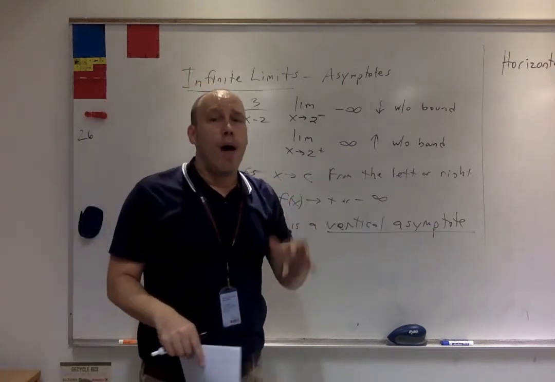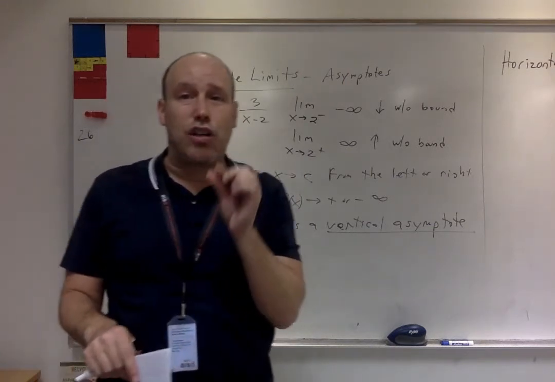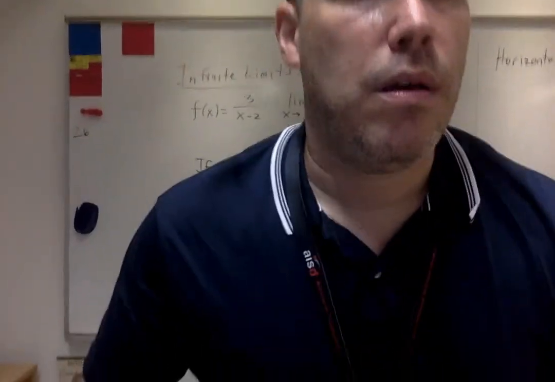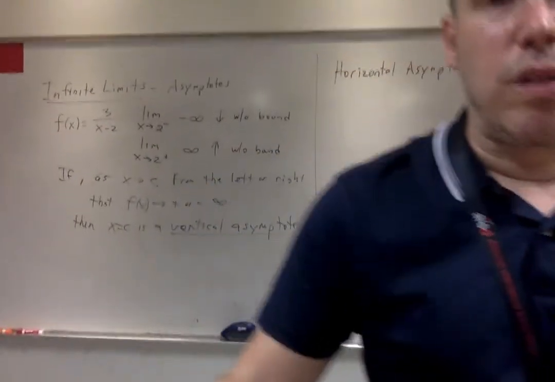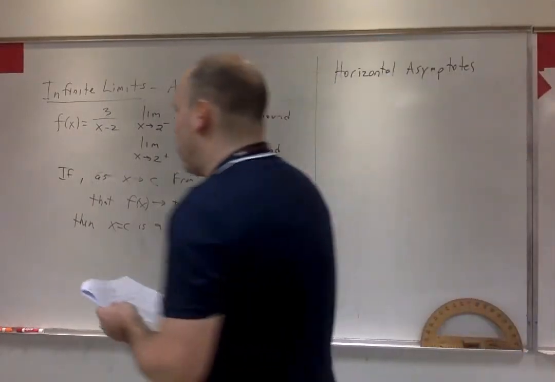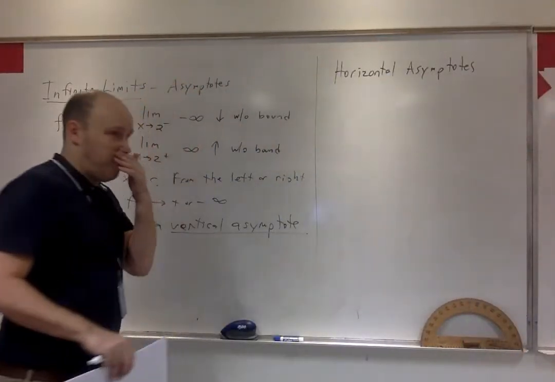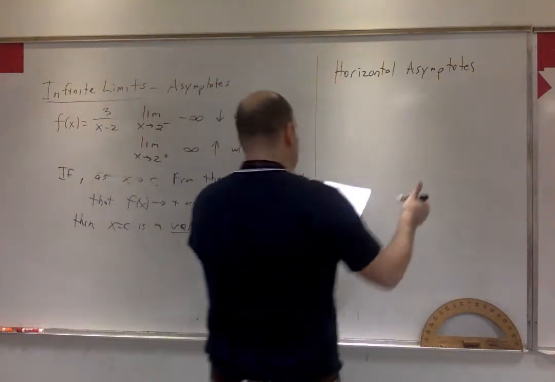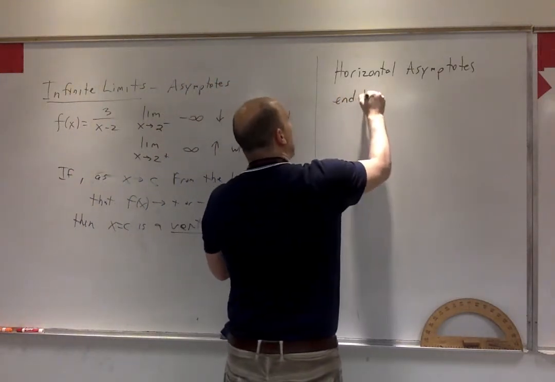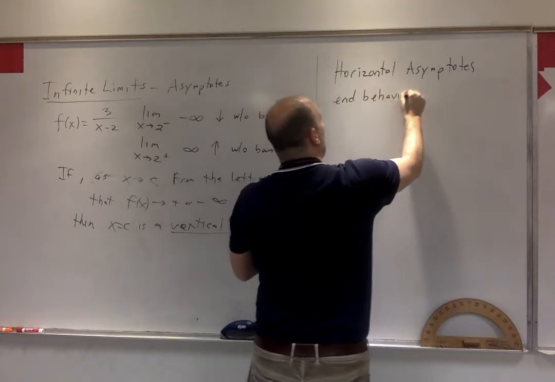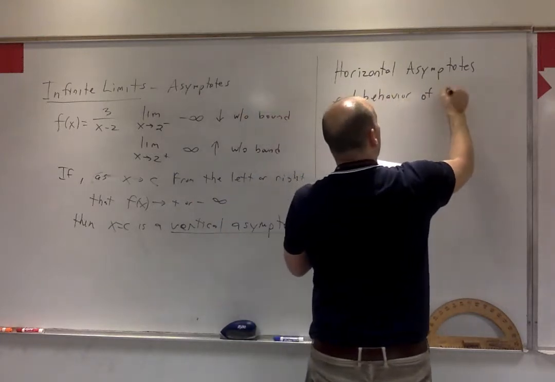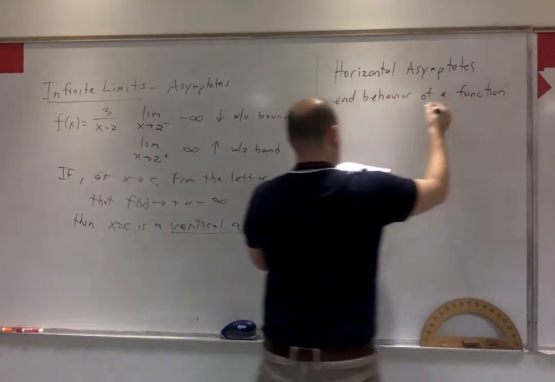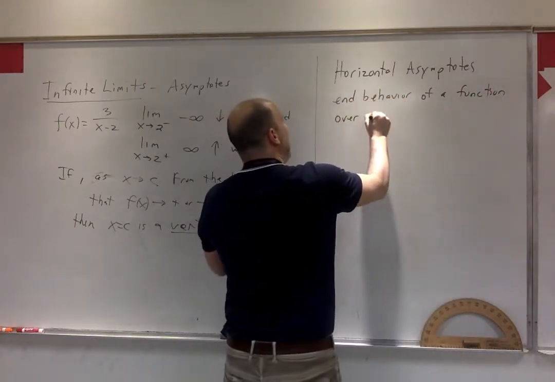We want to know behaviors as something gets close to something. So let's move on to horizontal asymptotes. We're interested in the end behavior of a function over an infinite interval.